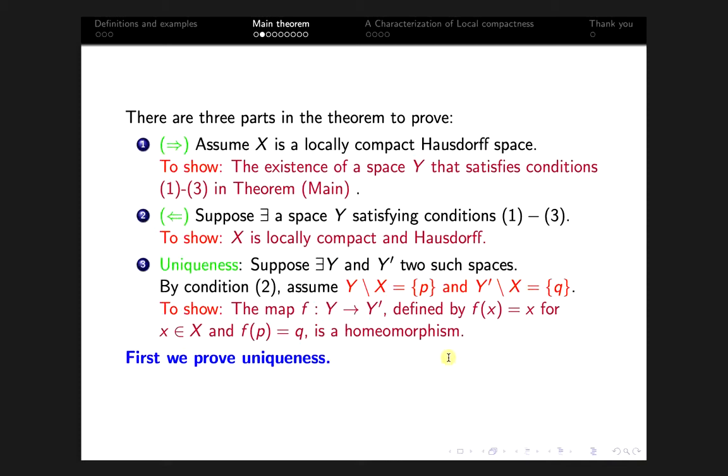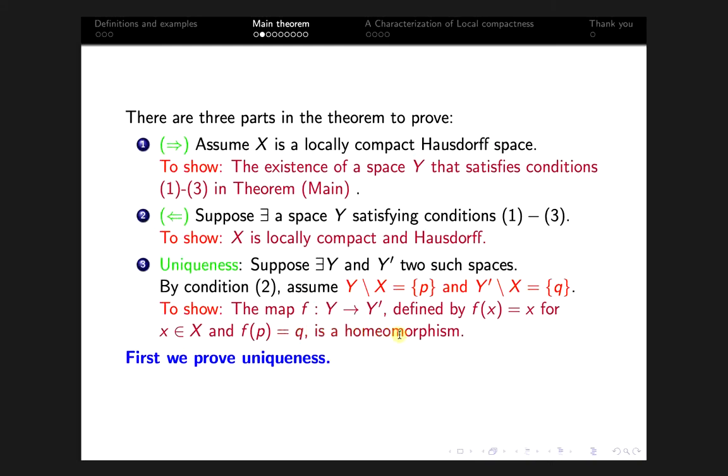Then by condition 2, that is for Y, the complement Y minus X has only one element, so we assume that Y minus X is equal to the singleton set P, and similarly we assume Y prime minus X is equal to the singleton set Q. Then we have to show that the map f from Y to Y prime defined by f of x equal to x for all x in the subspace X, that is f is the identity on the subspace X, and f of P equal to Q, so that the map f is bijective.